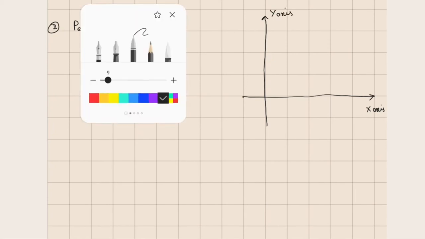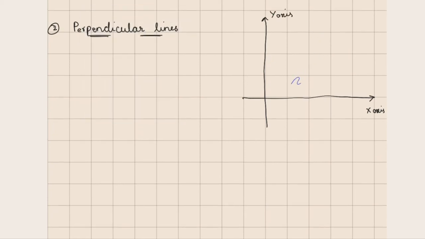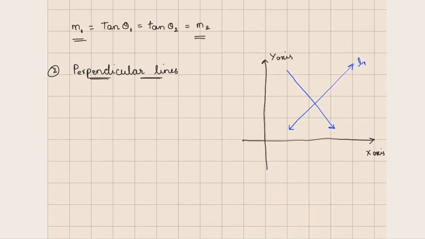Let's say line L1 and the other line L2. The angle between these two is 90 degrees, perpendicular lines, so these two are at 90 degrees.